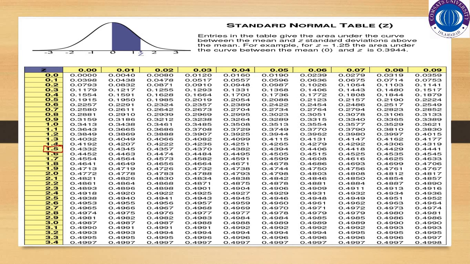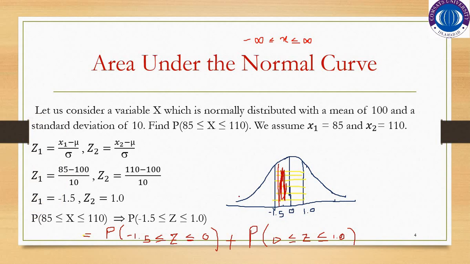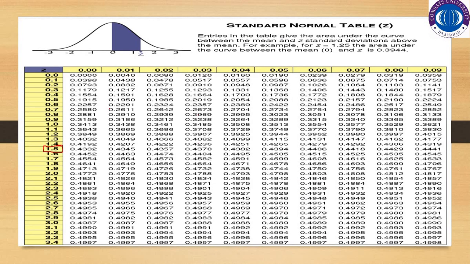Both will give you the same area. As this is 1.5, you will consider the value 1.5 here, and select the column with 0.000, and this one is the value 0.4332.